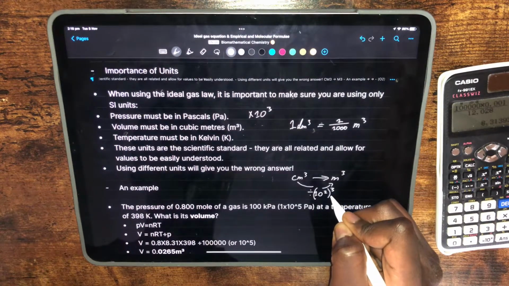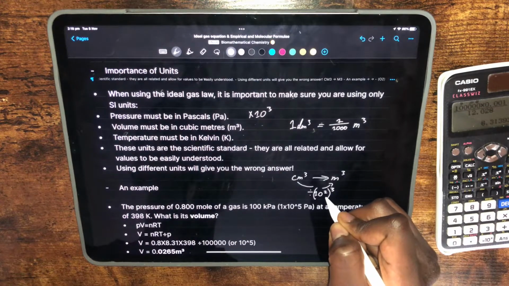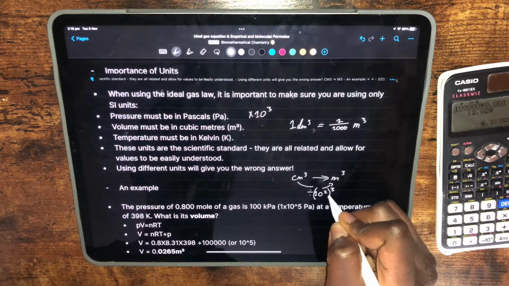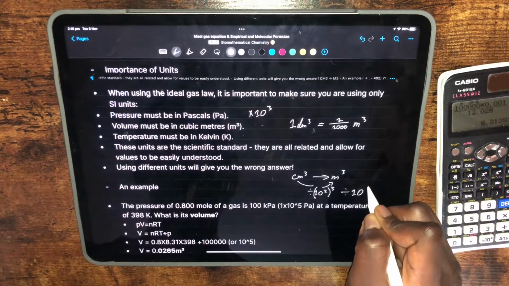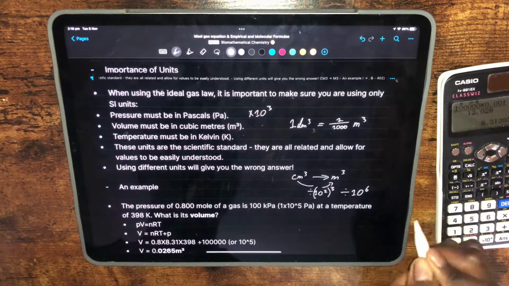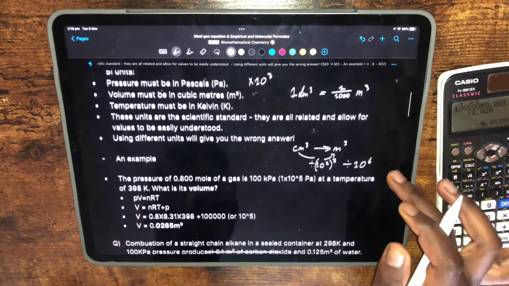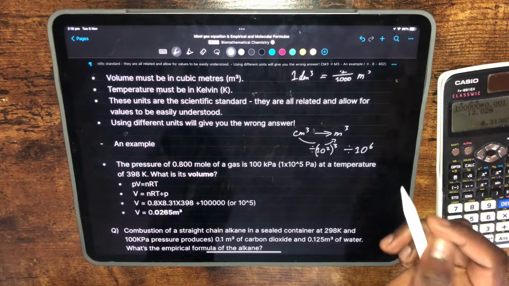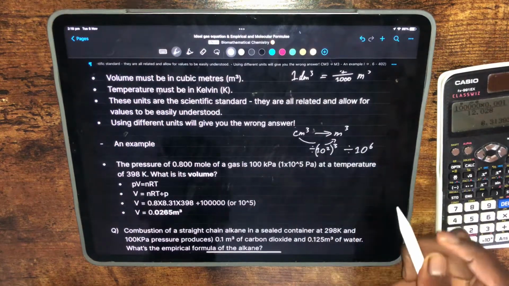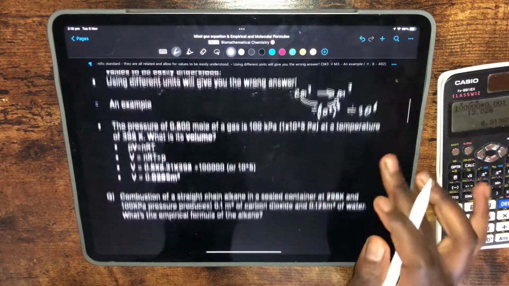And when you're cubing an index number, you multiply the indices. Therefore, you're actually dividing by 10 to the power of 6, because 2 times 3 is 6. And there you go, you divide by 10 to the power of 6. Or if you're going from meters cubed to centimeters cubed, it would be times 10 to the power of 6. But if you're trying to get to meters cubed, you divide by 10 to the power of 6.